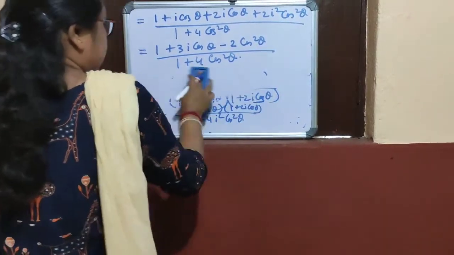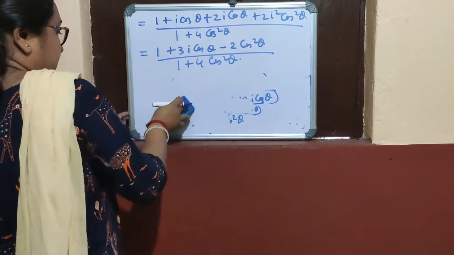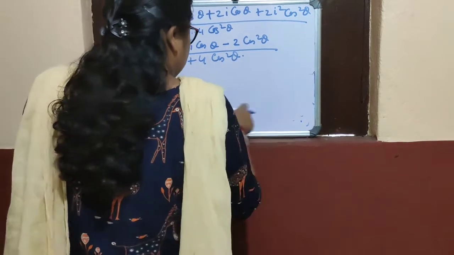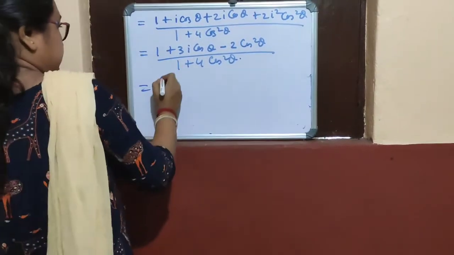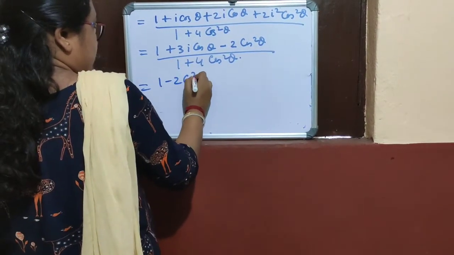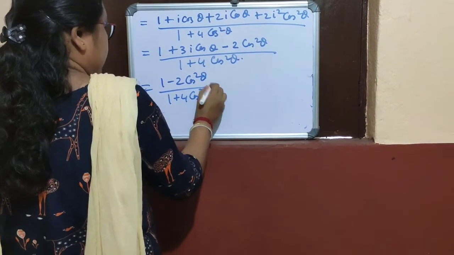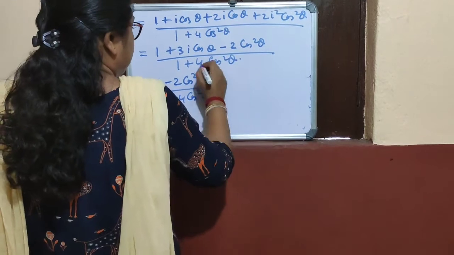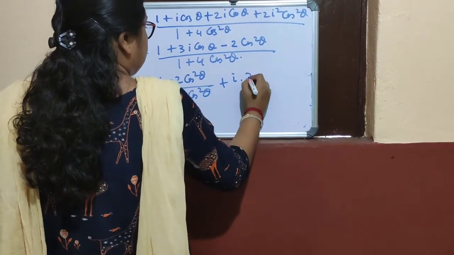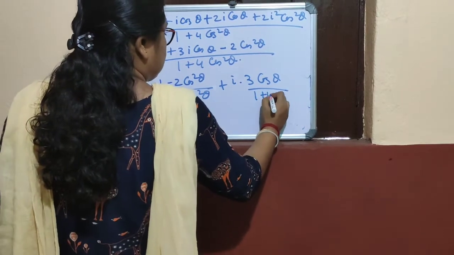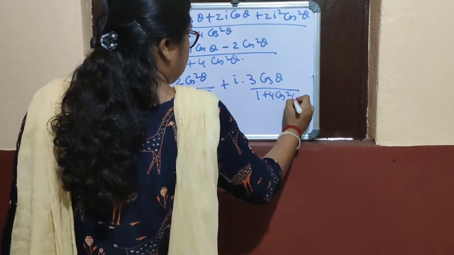You convert to a plus ib form. What is a and what is b? Now a is equal to this part, 1 minus 2 cos square theta by 1 plus 4 cos square theta, which is real, and the imaginary part is i times 3 cos theta divided by 1 plus 4 cos square theta.